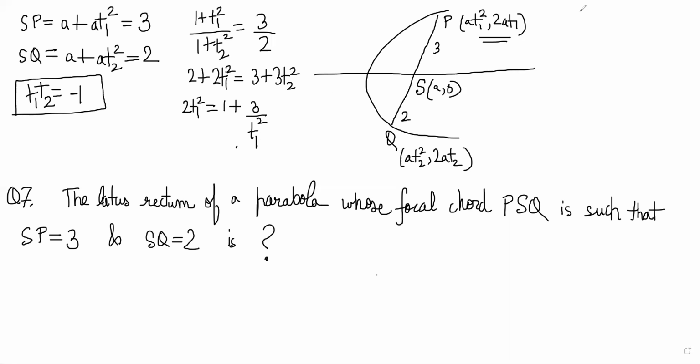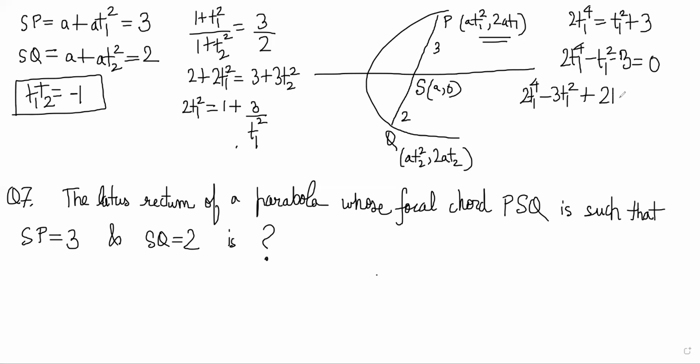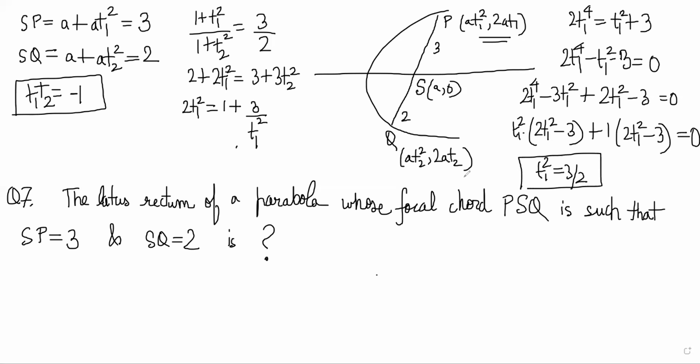You'll get 2T1 power 4 is equal to T1 square plus 3. So equation is 2T1 power 4 minus T1 square minus 3 is equal to 0. This can be factorized. 2T1 power 4 minus 3T1 square plus 2T1 square minus 3 is equal to 0. So T1 square common, 2T1 square minus 3 plus 1, right?